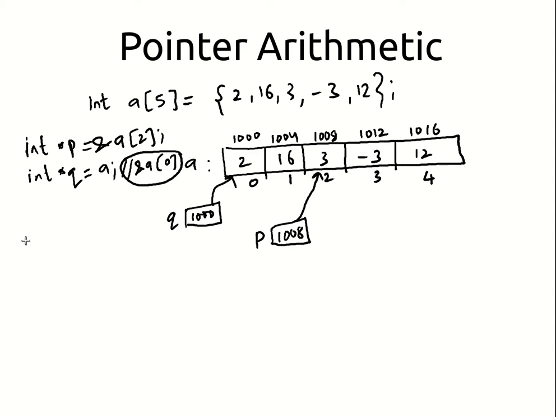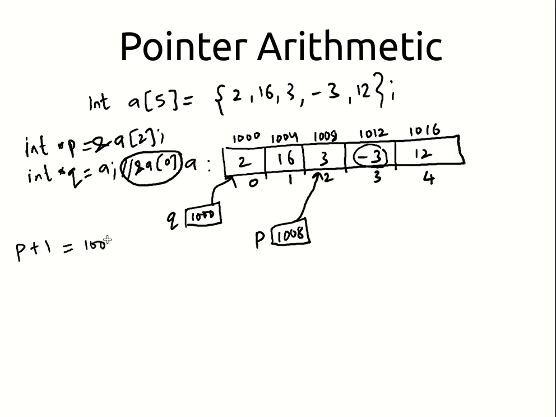Now if I perform P plus 1, I am pointing to the next integer after P. So P plus 1 should technically be 1012.